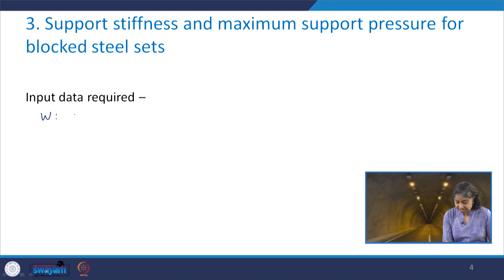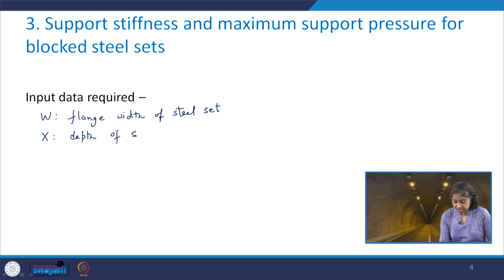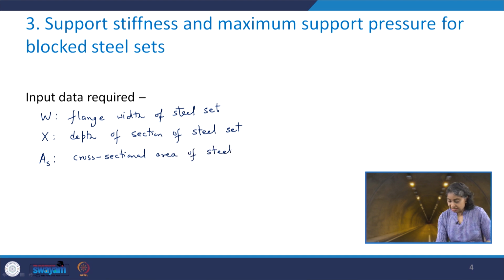Here we are representing this for the flange width of steel set. Then we have capital X, which is the depth of the section of steel set. Next is AS, which is the cross sectional area of steel set.